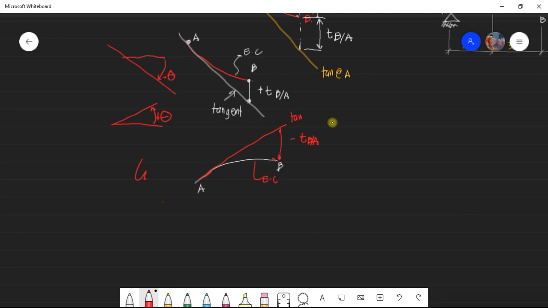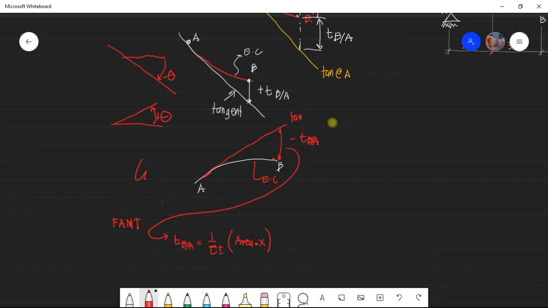Okay, the first area moment theorem states that the deviation of the tangent line drawn to the elastic curve, let's say t of B with respect to A, is equal to 1 over EI multiplied by the moment of area from that particular point.